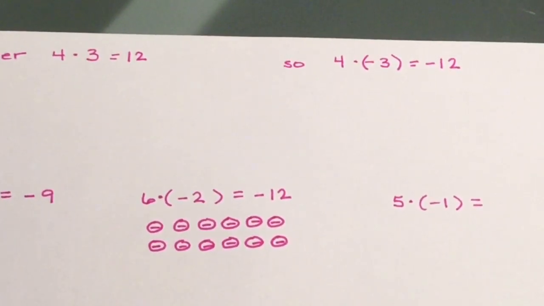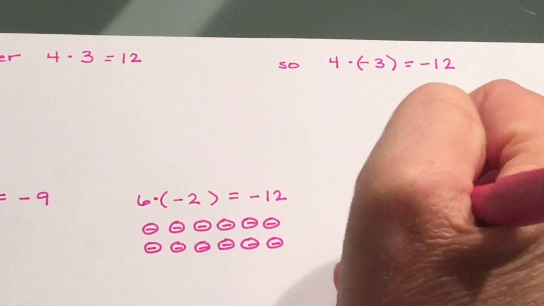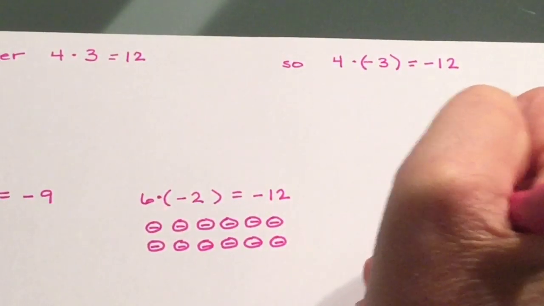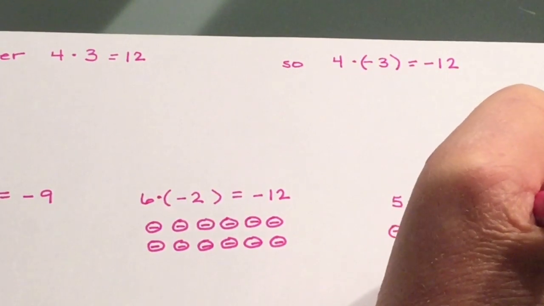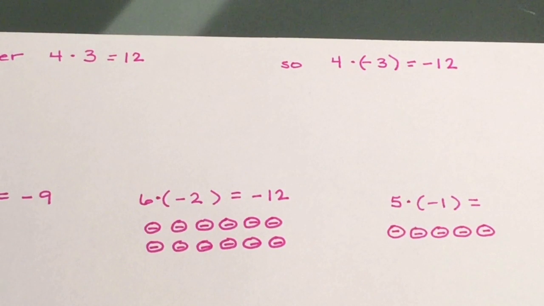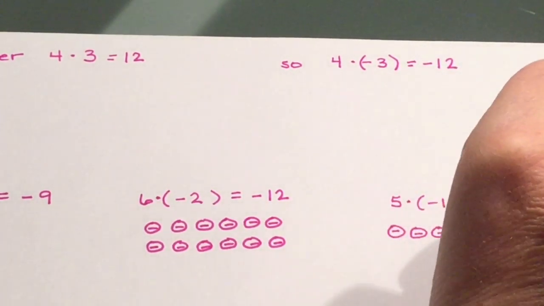Now for our last one, we have 5 sets of negative 1. So here's my negative 1, and there's my first set. Now I need my 5 sets. And when I look at that, I end up with a negative 5.